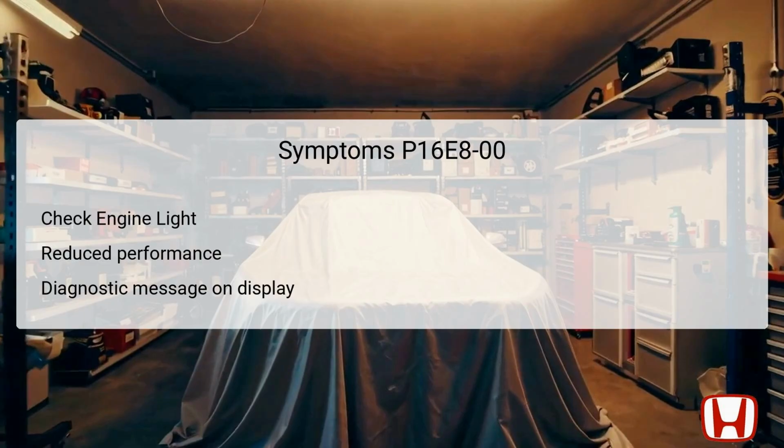Drivers may notice a sudden decrease in power when accelerating, particularly at higher speeds. Some vehicles may also display diagnostic messages specific to the shutter grille operation on the dashboard, alerting the driver to a malfunction. Recognizing these symptoms early is essential to maintaining vehicle performance and avoiding further damage.